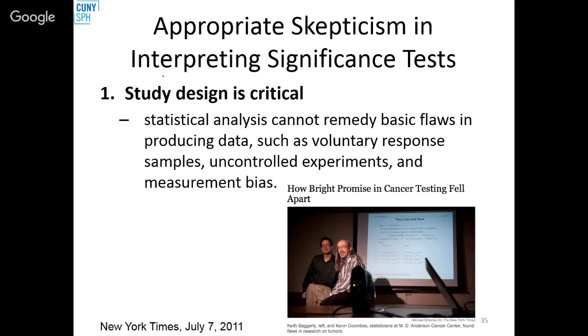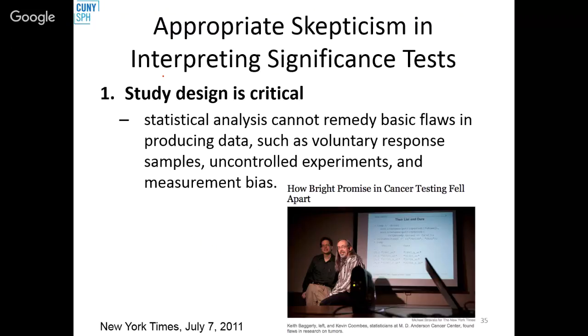Well, study design. Like that example with the cell phone study of there being an order effect. If that weren't controlled for, you could end up with an incorrect conclusion due to a flaw in the study design, and your p-value does not control that kind of error.